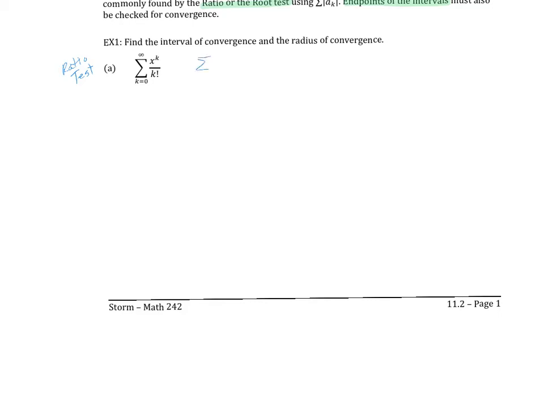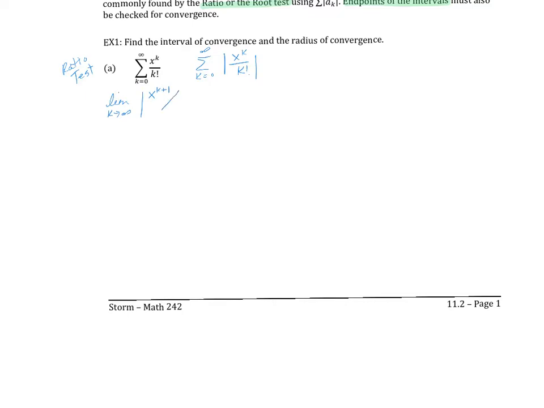And we're going to be looking at the absolute value of this series. So when we take the limit as k goes to infinity, using our ratio test is going to be the absolute value of x to the k plus 1, so it's the k plus 1 over the k terms.